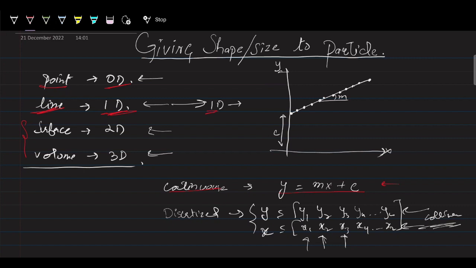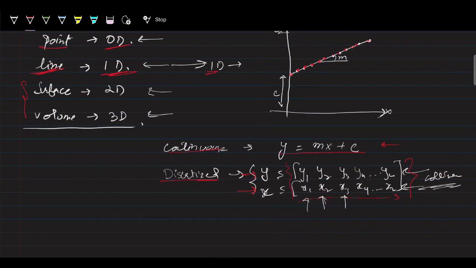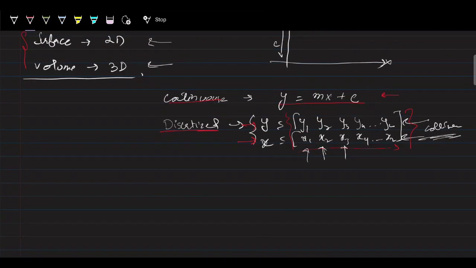You always have to go for discretized form, in which the line is considered to be made of a number of points, and the coordinates of each and every point are sampled into n numbers. This is the way you will be coding for a line in any language. Machines are always applicable if you consider it in discretized form.